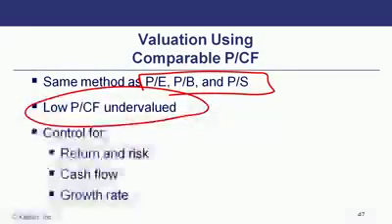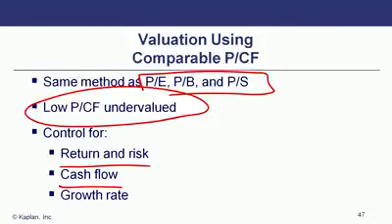All right? So things that you need to control for, though, if it's lower, make sure that you consider what the risk and return characteristics are, right? So is there a reason why it's lower? Control for any cash flow, and control for the growth rate. Maybe there is a reason why it's lower, because people don't anticipate the growth rate to be as high as the other comparables.